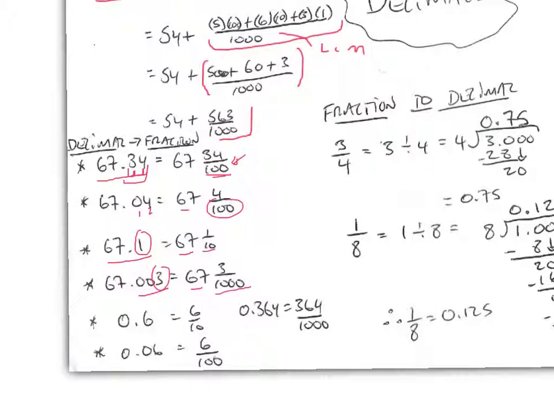Here we've only 1 place after the decimal point, so that's simply 6 tenths. 2 places here, 0.06, that must be 6 hundredths, and here we've 3 places after the decimal point, so that must be 364 thousandths.